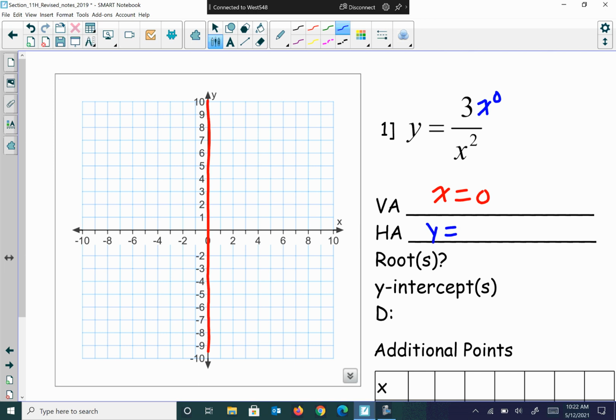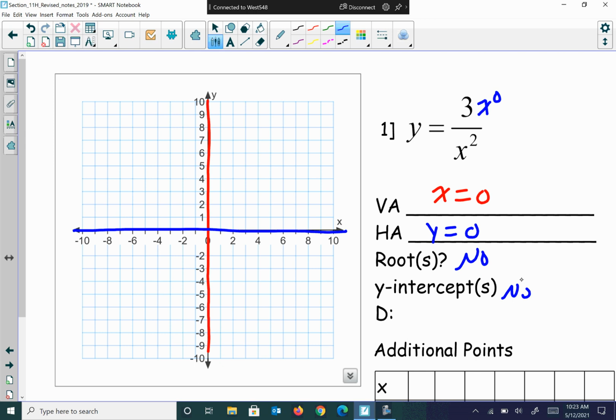So y equals 0. So my x and y axis are my horizontal and vertical asymptotes. Roots? No. We're not going to have roots because my horizontal asymptote is the x-axis. Y-intercepts? No, because my vertical asymptote is on the y-axis.